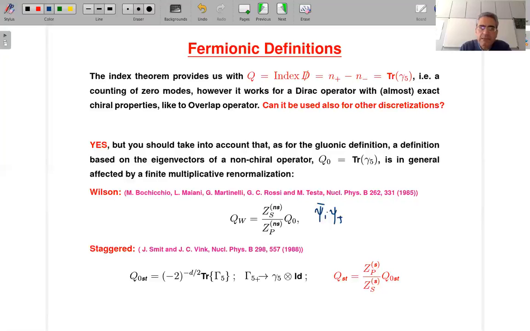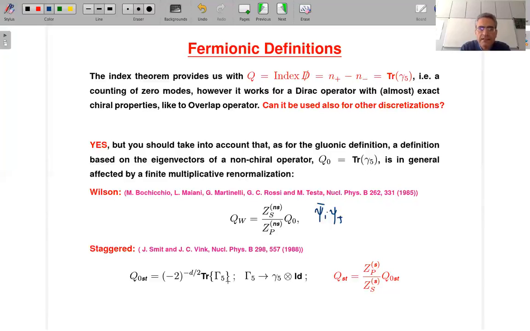I mean the operator which is gamma 5 times the identity, so it has a non-trivial structure in terms of the gauge link variables. If you have experience with staggered fermions, this is a non-trivial function of the gauge links, in contrast with the gamma 5 with Wilson fermions.